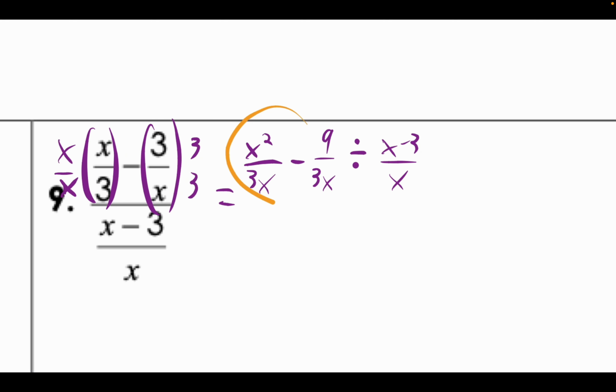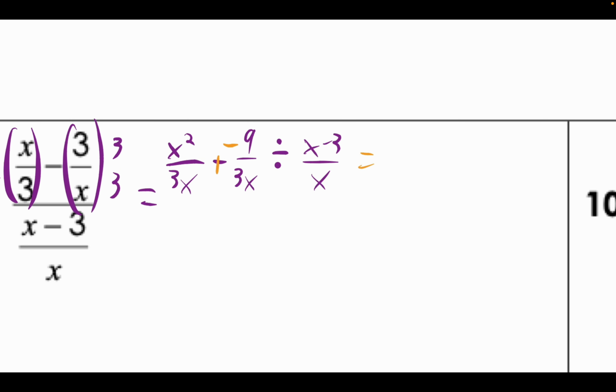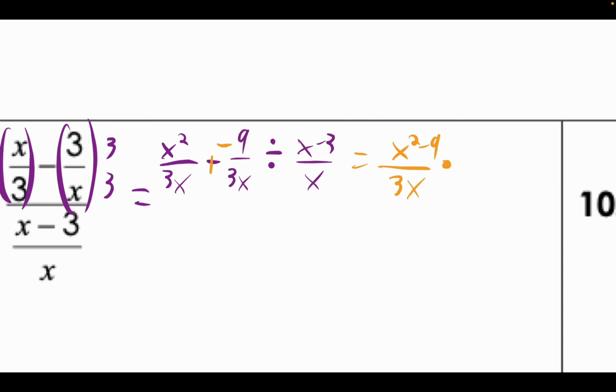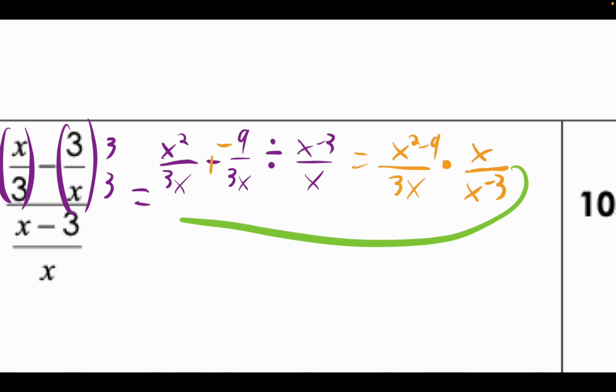So now as I continue getting this into one denominator, or one fraction I should say, this ends up giving us x squared minus 9 over 3x. And I'm going to go ahead and multiply by the reciprocal here. And I can continue factoring this. So I'll do so. x squared minus 9 is a difference of two squares.